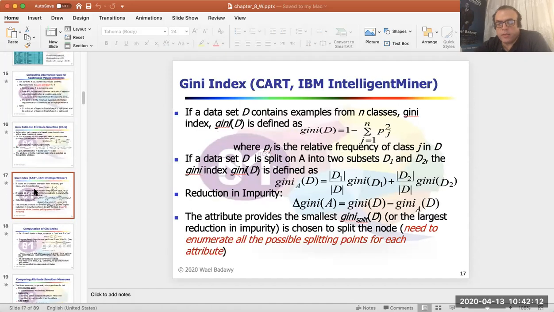Then here we can look at the Gini index, which is another approach. It is 1 minus sigma pi squared, where pi is the relative frequency of the class.